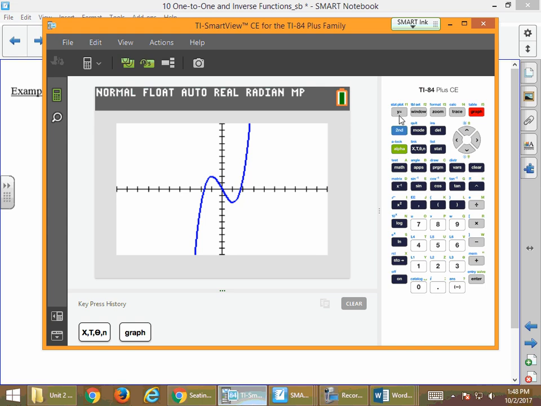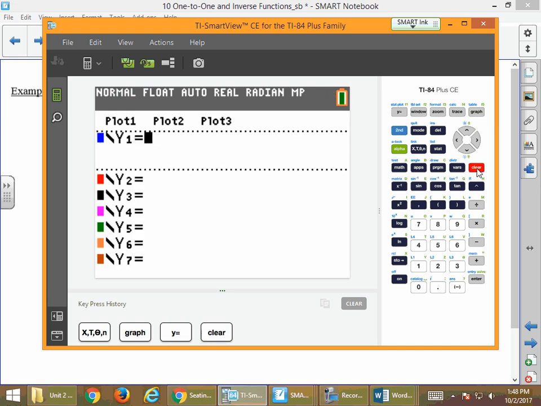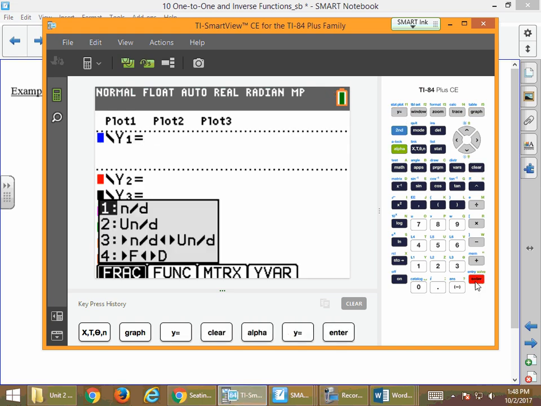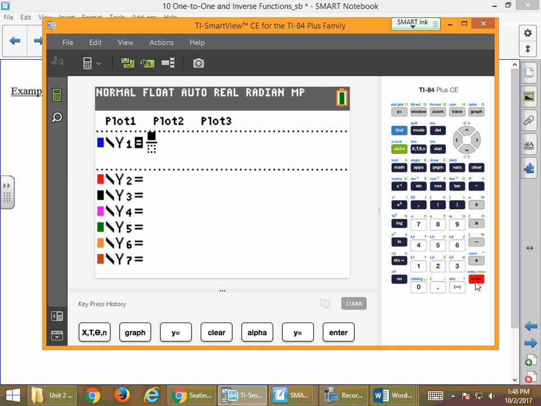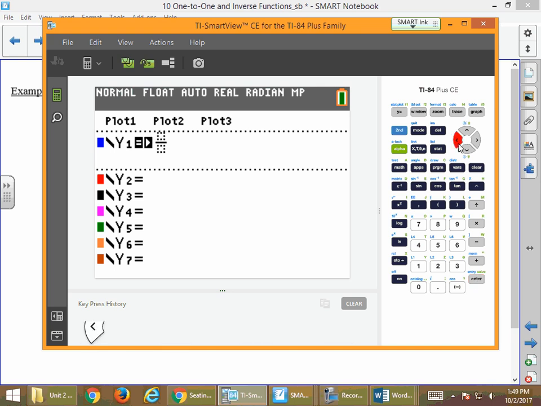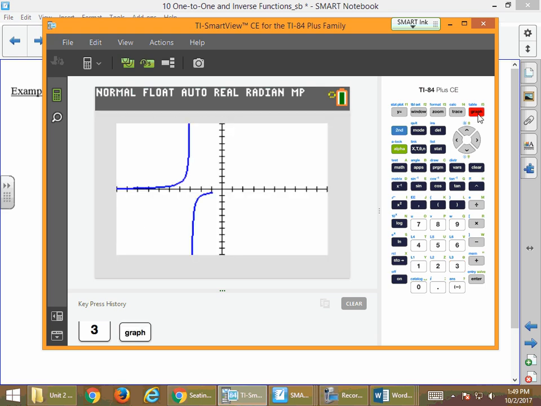But just to be sure, we can hit alpha y equals, and we can type in negative 1 over x plus 3. Again, remember, our goal in this unit is not to use the calculator too much. But we're just getting a rough sketch, and here it is.